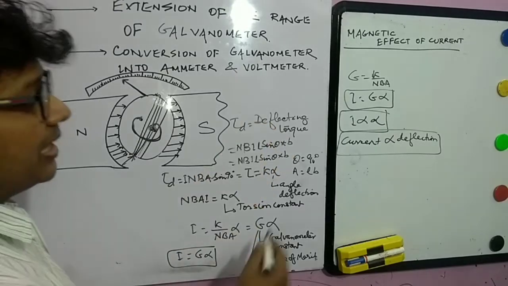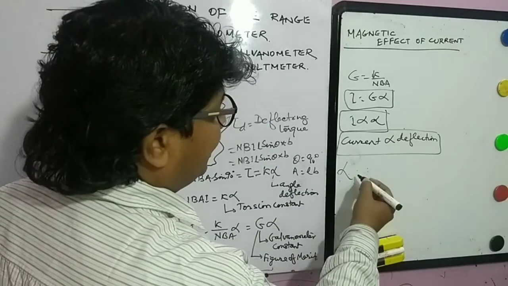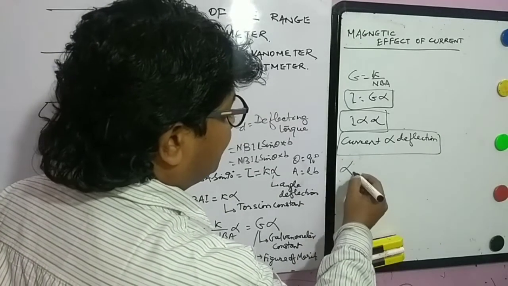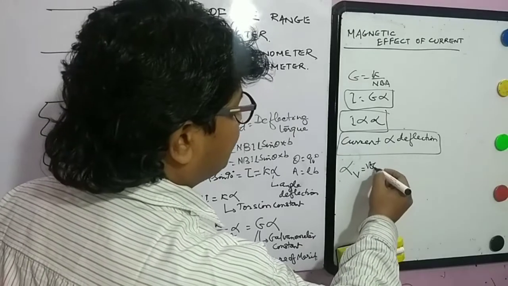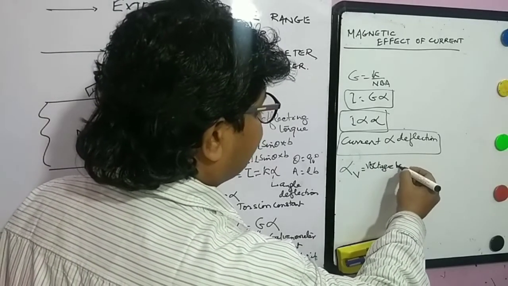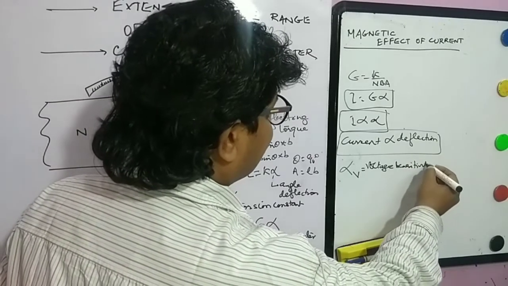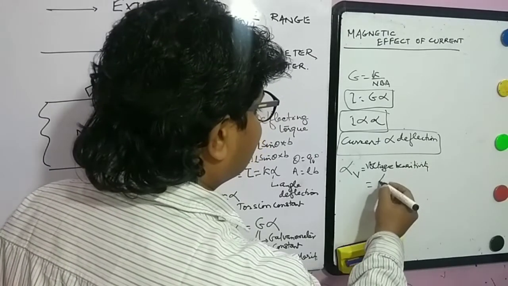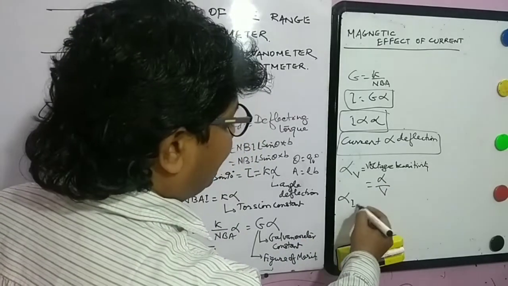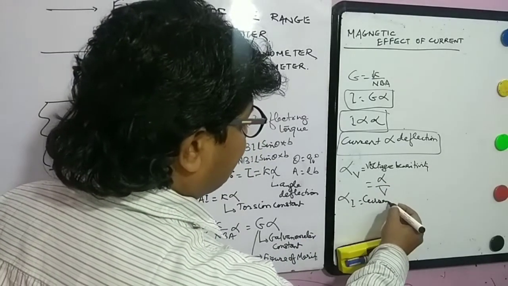So the basic thing, and we can find out here the voltage sensitivity. It means alpha by V is called voltage sensitivity, and alpha by I is called current sensitivity.